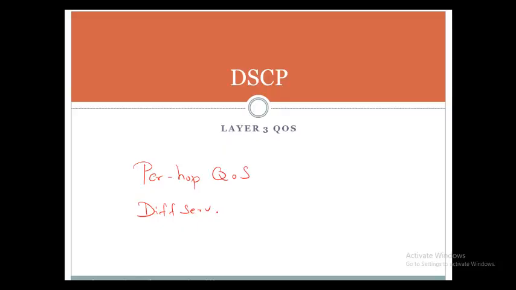So differentiated service code point provides you more markings, more identifiers, because it is using 5 bits. Totally, you got 6 bits in layer 3 QoS, in which the last bit is not at all used.